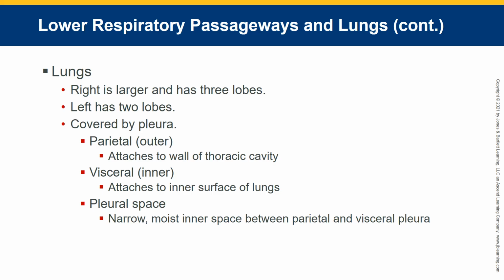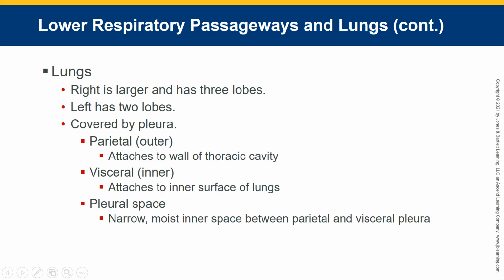Like all things, the lungs have their own lining cells, right? And we also have the thoracic cavity that has its own lining cells. And in between those 2 lining cells is a little moist, kind of air-filled space that's very wet and kind of gooey.